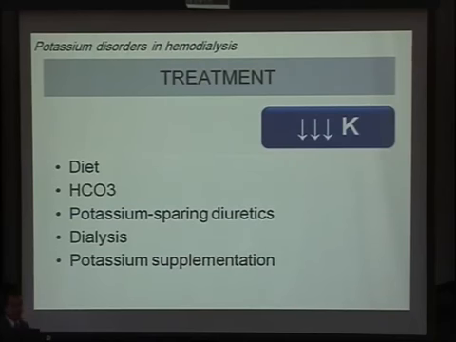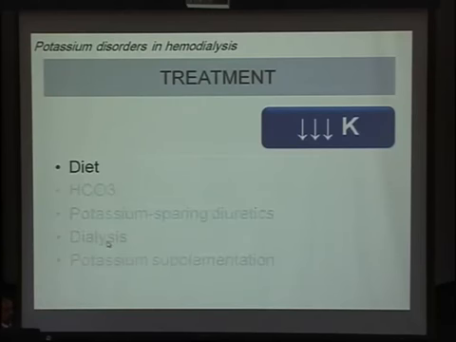Always be skeptical about giving a hemodialysis patient potassium-sparing diuretics and potassium supplementation, even if orally. So, the most important treatment is to review diet, review alkalosis, and do high potassium dialysis.